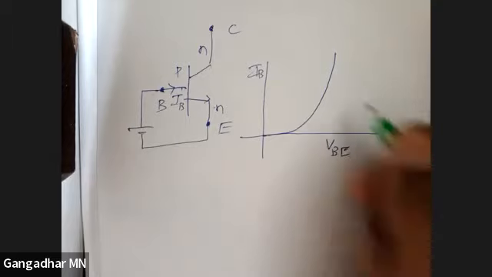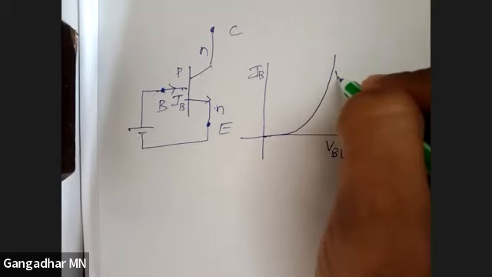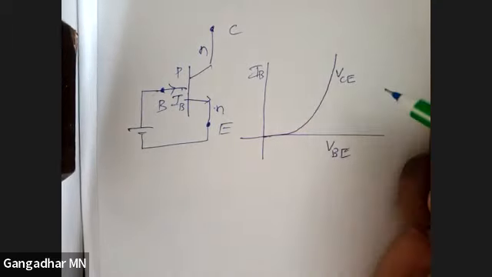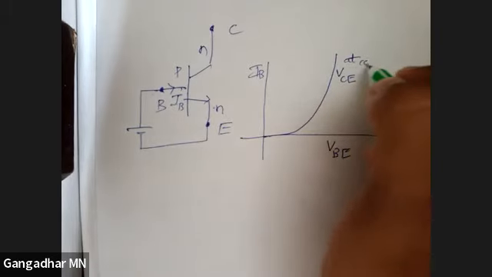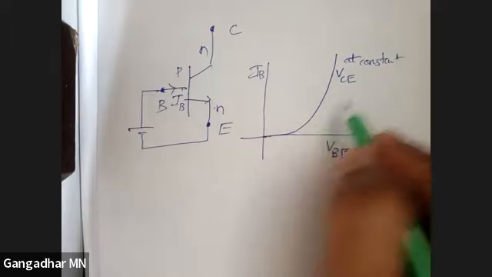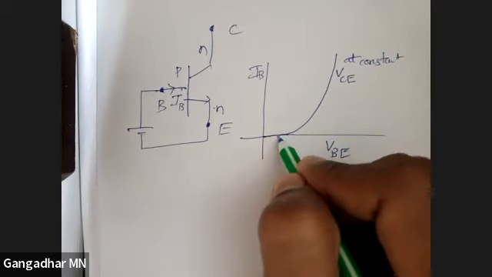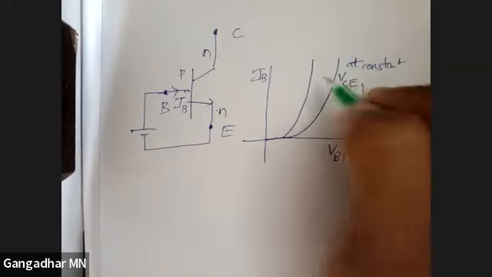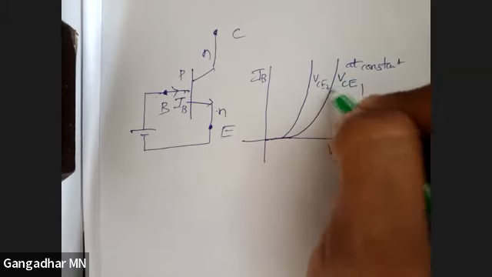Of course, here we make sure that VCE is kept constant. As you change VCE, the characteristics would also shift. Let's say this is VCE1 and this is VCE2.